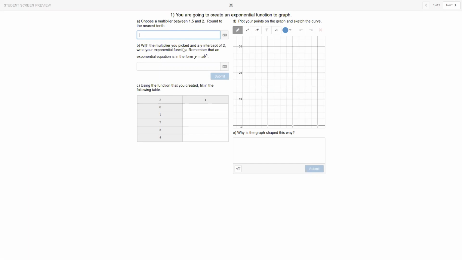With the multiplier you picked and a y-intercept of 2, write your exponential function. So we know that the y-intercept is 2, and you know the multiplier. So now write the equation like this: y equals, what's my a value going to be, guys?